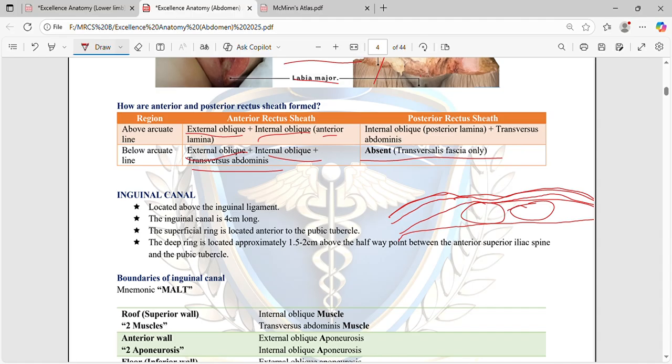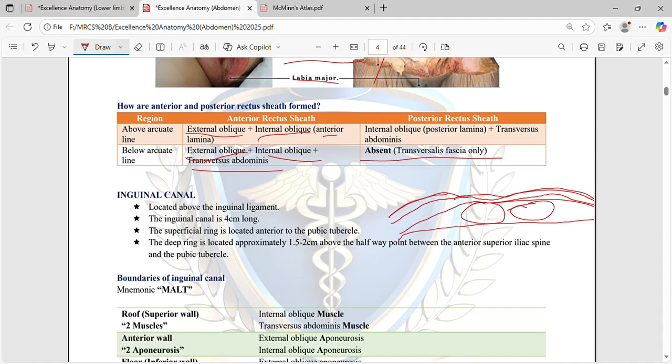What I was telling you is that there is one other level as well, and that is above the costal margin. If you look above the costal margin, we have the external oblique only in front and nothing else.